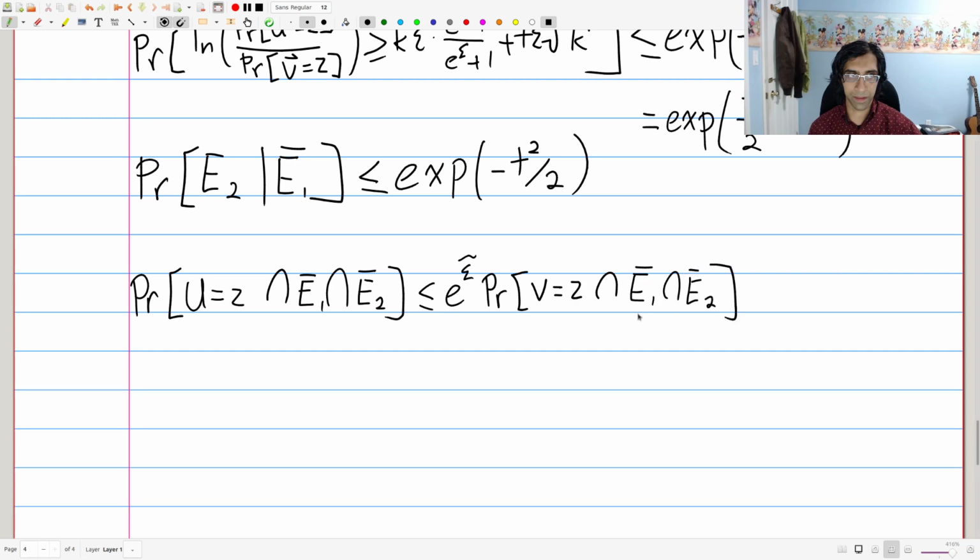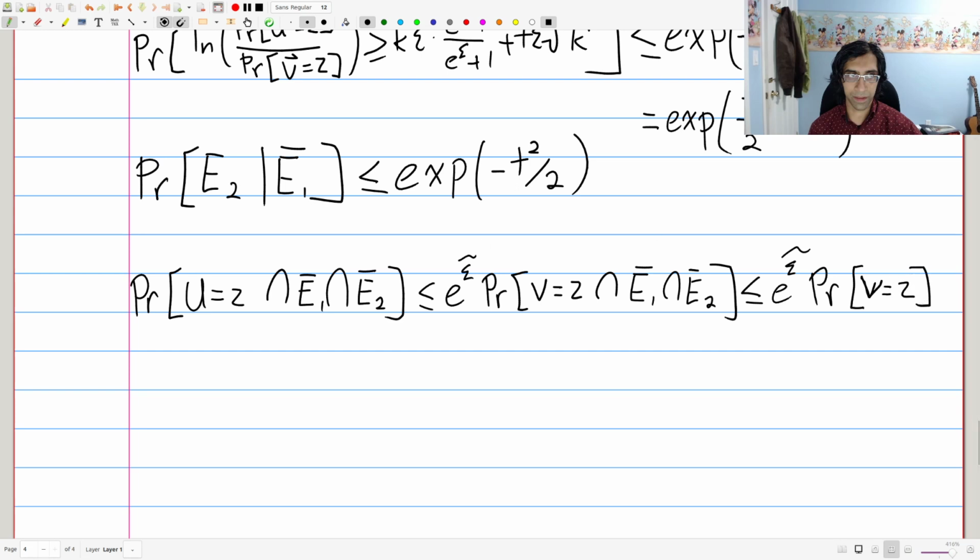And this can always be upper bounded by the probability of just the first event, because if a, b and c all happen, that is less likely than just a happening. In a conjunction, you're wanting multiple events to happen, and it's always more likely for fewer events to happen. So this is an upper bound that we have.